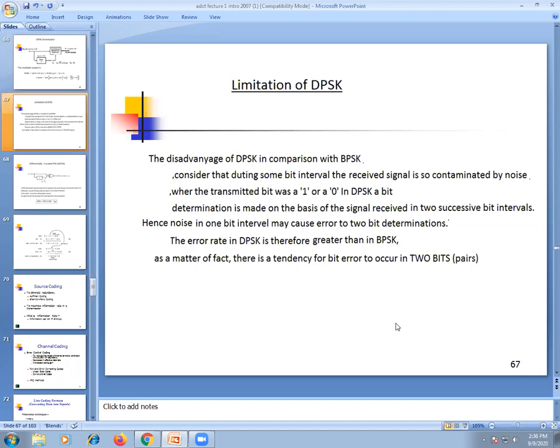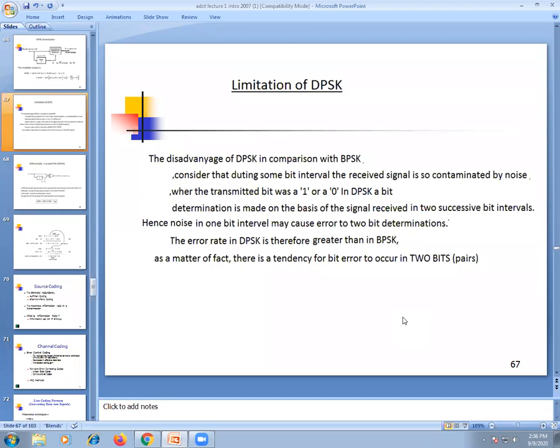Students, there is a multiplier at the receiving end, that is the synchronous detector. Its output is given to the integrate and dump circuit via bit synchronization.